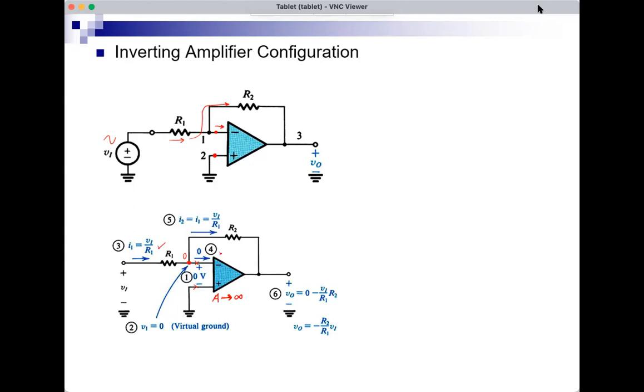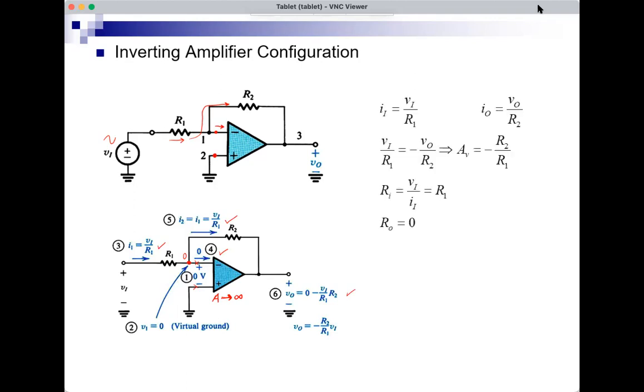But there's no input current into the op amp. This means that the current in R2 is equal to the current in R1. So I2 is equal to VI over R1. And then we apply Ohm's law to R2, and we get VO equals minus R2 over R1 VI.